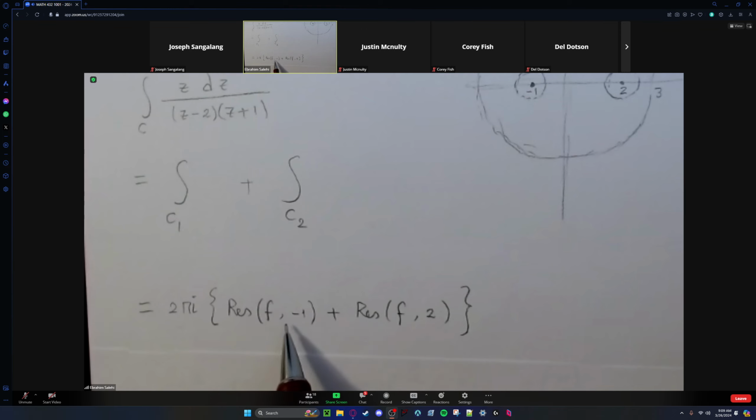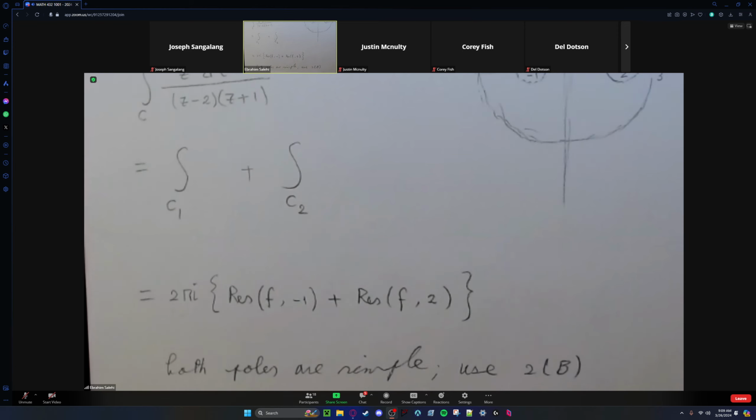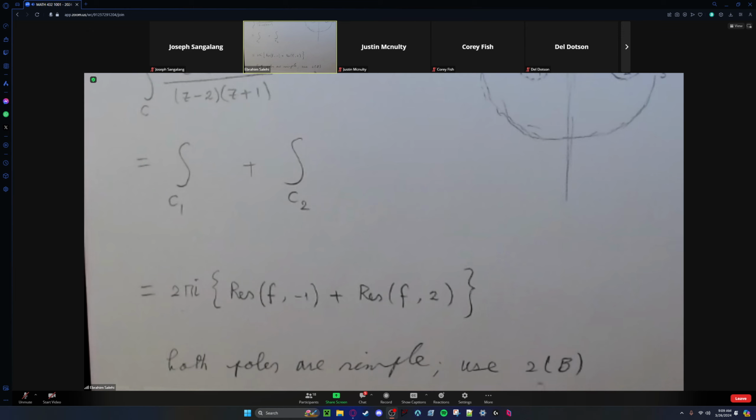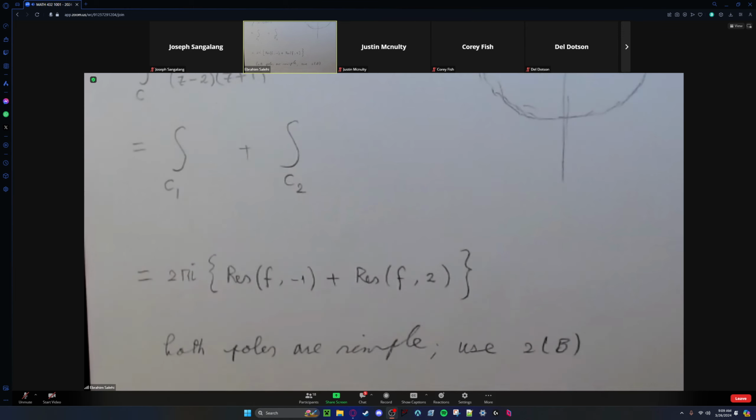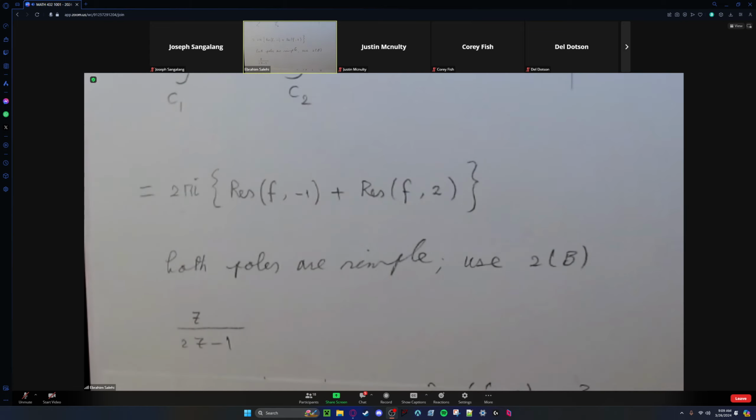But both these singularities, -1 and 2, both of them are simple poles. And you can use either the technique 2A or 2B that I taught you. So I'm using 2B, which is numerator divided by derivative of denominator, evaluated at those 2 points, okay?